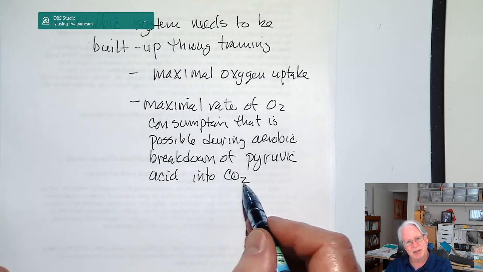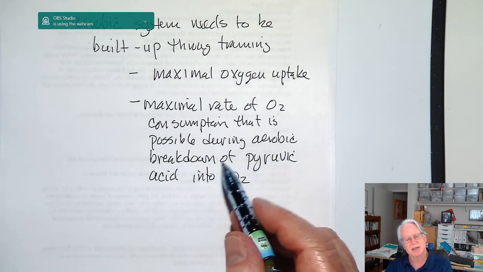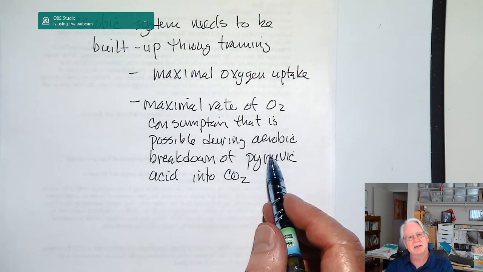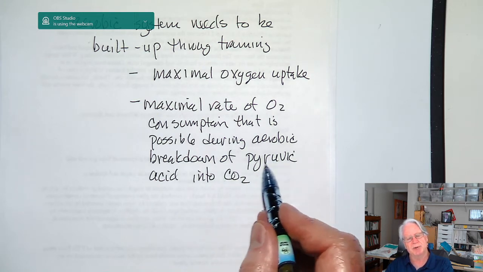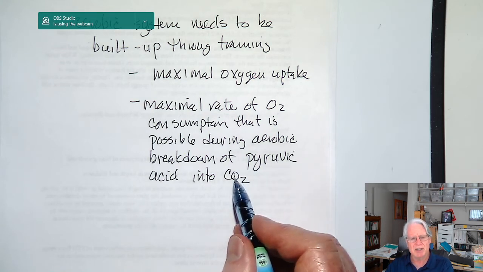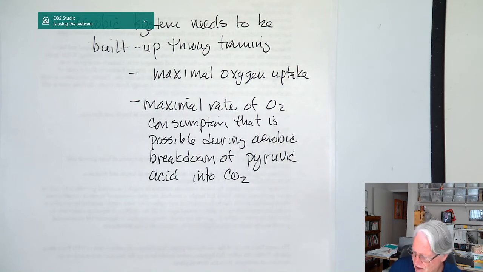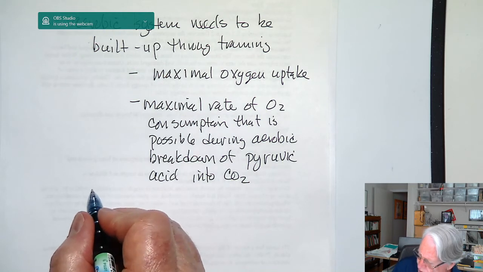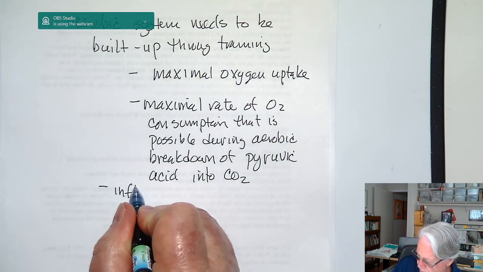So that's where carbon dioxide comes in, because as you break down pyruvic acid, the end result is carbon dioxide. So those carbons that make up pyruvic acid, and pyruvic acid is the 3-carbon-based molecule, they become carbon dioxide when you utilize oxygen.